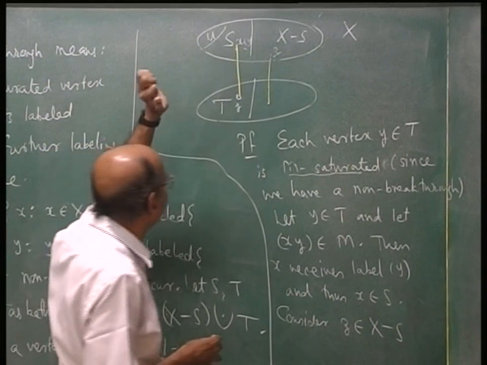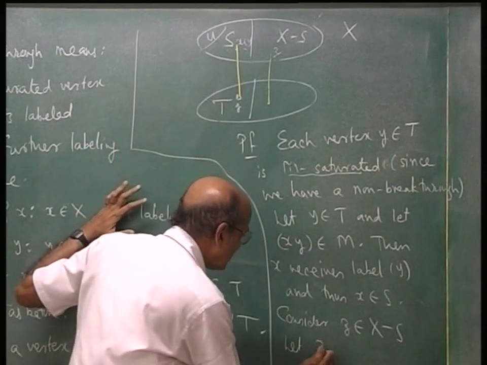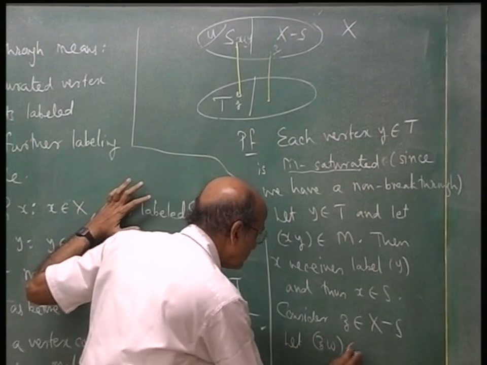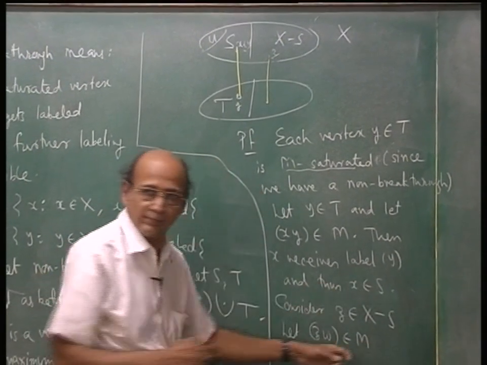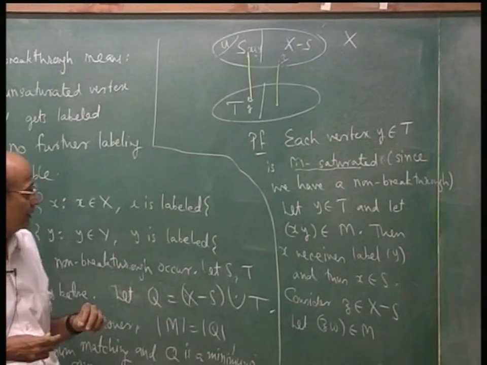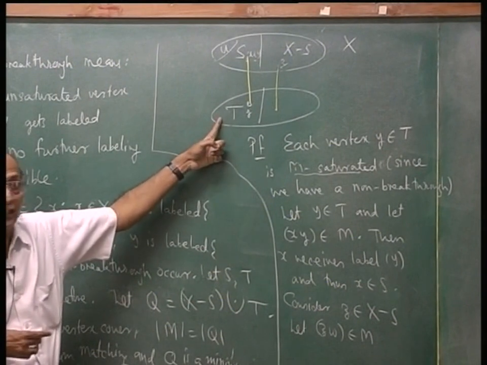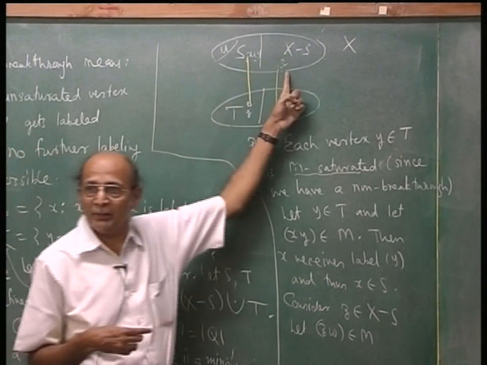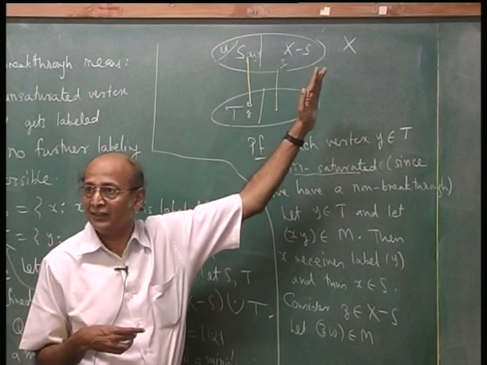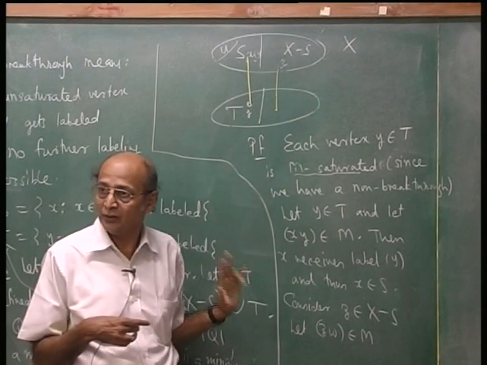In X minus S, let W be a vertex; then W cannot be in T. If W was in T, then Z could have been labeled backward arc in the matching. I could have labeled Z by W. Okay?